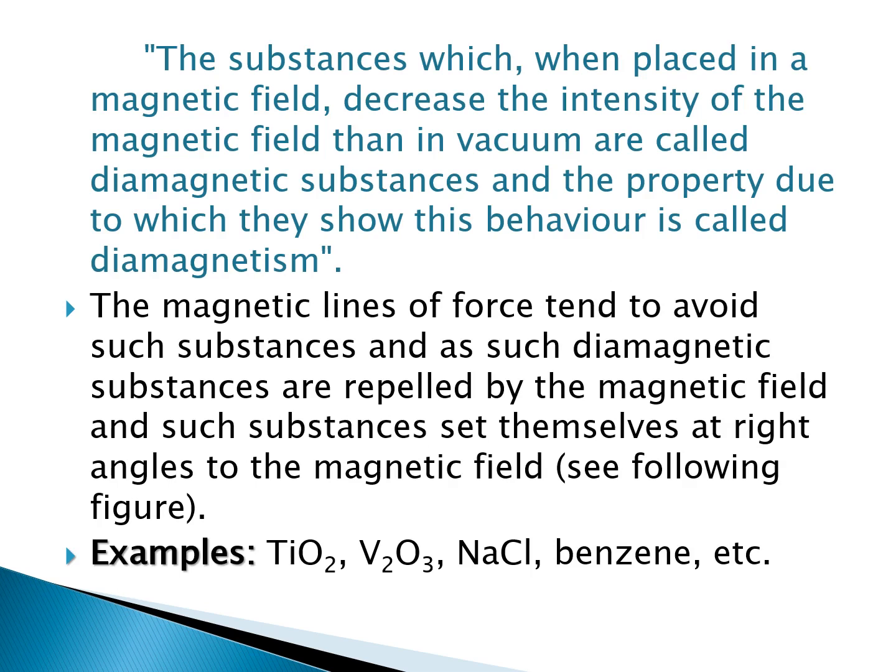Here is the proper definition of diamagnetism. The substances which, when placed in a magnetic field, decrease the intensity of the magnetic field compared to that in vacuum are called diamagnetic substances, and the property due to which they show this behavior is called diamagnetism.